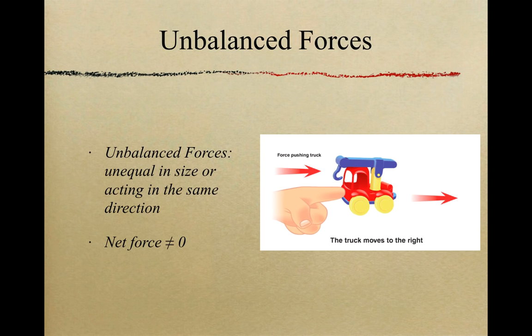So now we have the one kid pushing on the toy car in one direction. There's no force pushing from the right to the left. There's only a force pushing from the left to the right, so that truck is going to move to the right. It's going to accelerate. Unbalanced forces are going to cause us to accelerate.